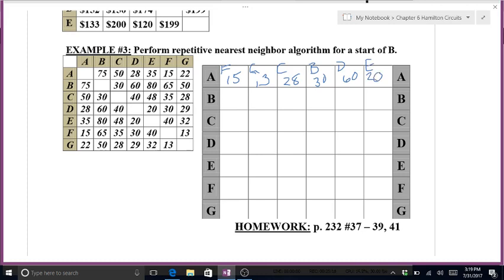And then we have to return to A. So E back to A is going to be 35. All right. So let's add those up. We got 15 plus 13, 28 plus 30, 60, 20, 35. We're looking at 201.